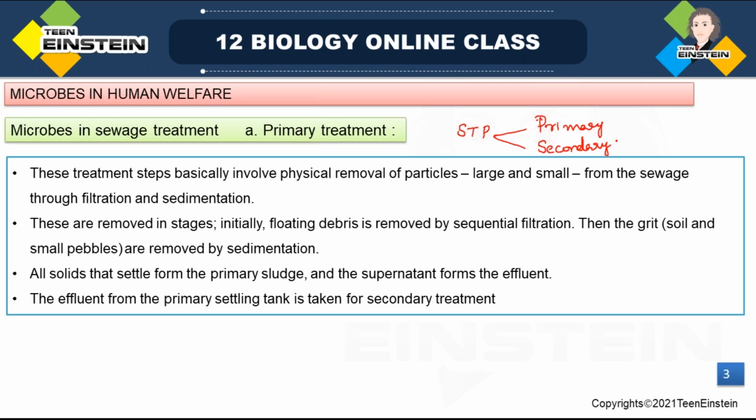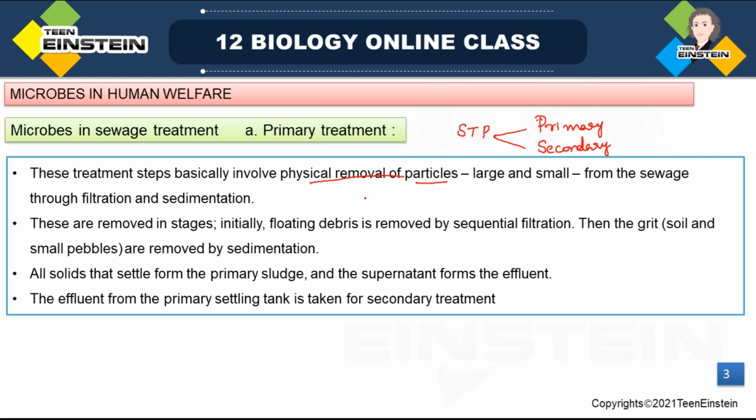So in the primary treatment, first it is the physical removal of particles. Okay, physically the large particles which are present, the floating particles and all will get removed, and then it is filtered. This physical removal is the primary step, or the first step, which is the primary treatment.